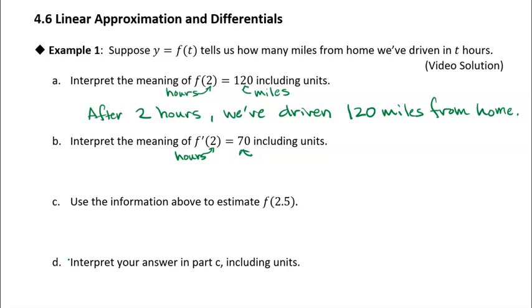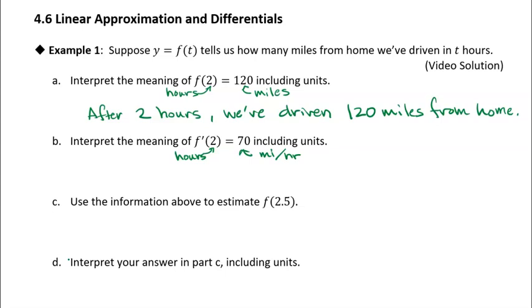The units here are going to be the units of the function, miles, per hour, because now it's the derivative. So we take the units of the original function divided by the units of the time.